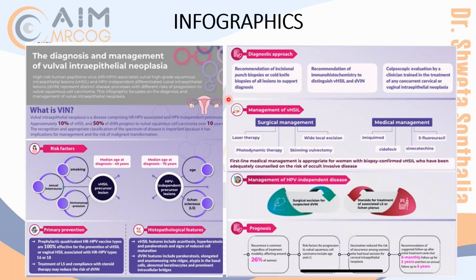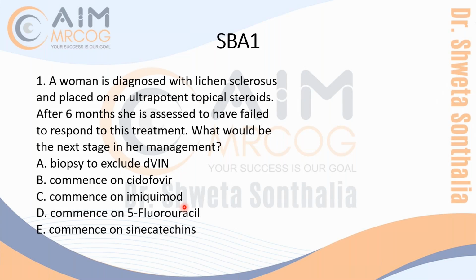So this is the infographic which tells you most of the important points about the TOG. Once you go through the TOG, this infographic gives you a quick revision and understanding of the important points of the TOG.